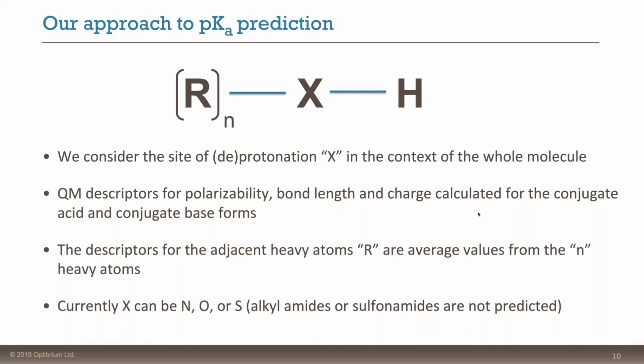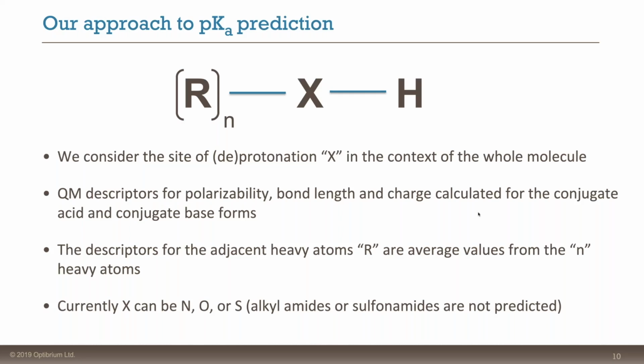It deals with three sets of atoms: the hydrogen that will be lost or gained from the solvent; X, a heteroatom, which in this particular case is nitrogen, oxygen, or sulfur; and then R, the heavy atoms that are connected to that heteroatom.